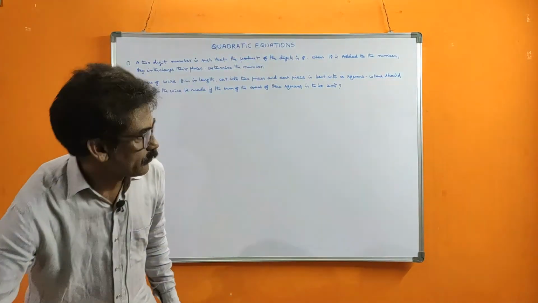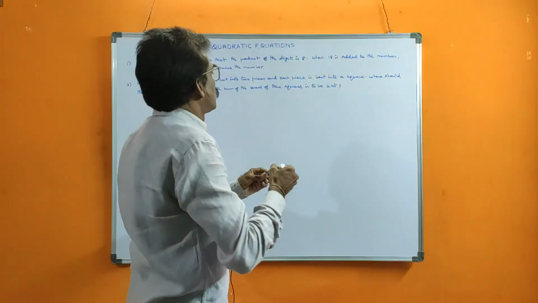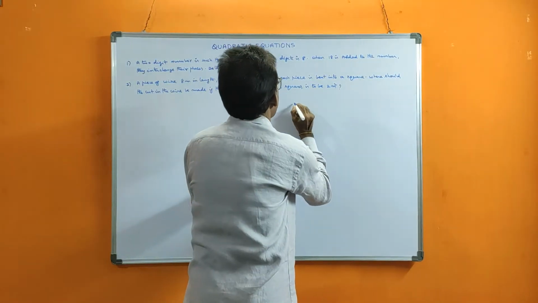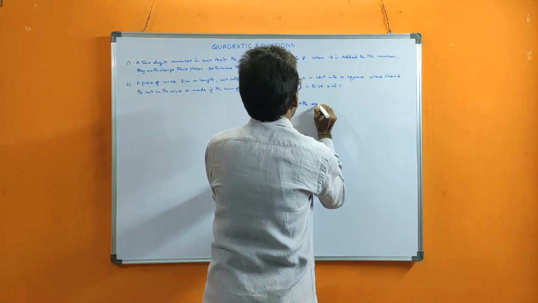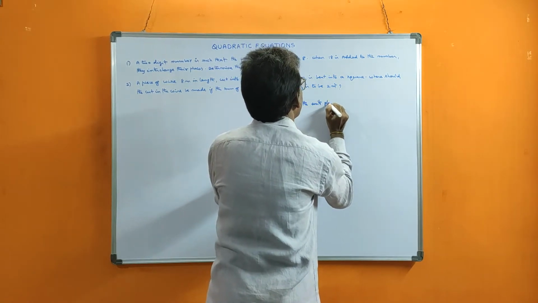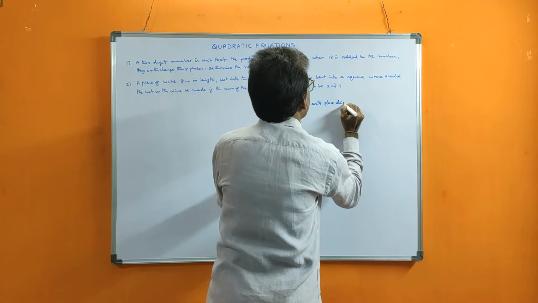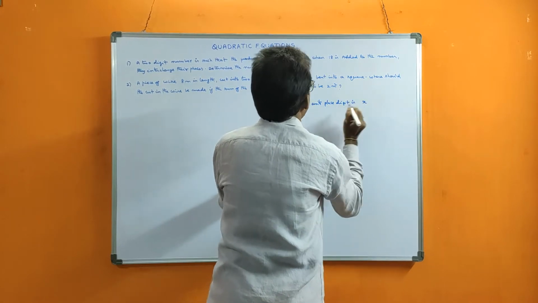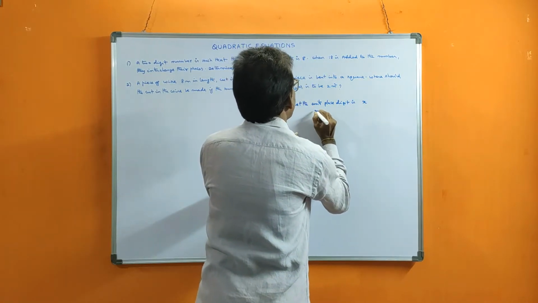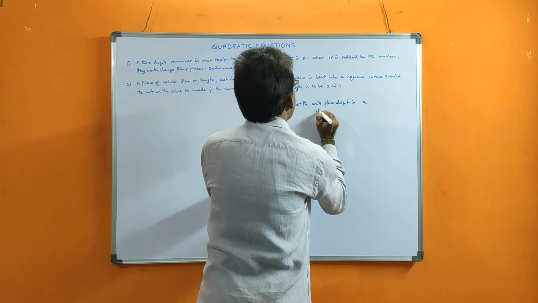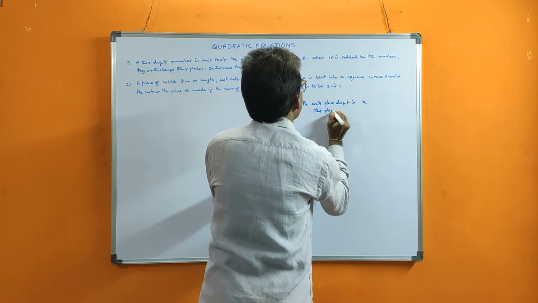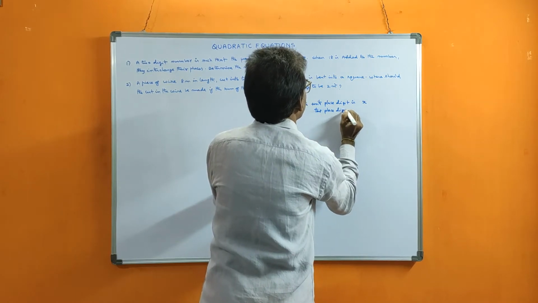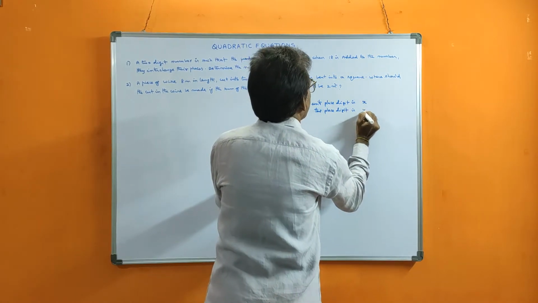Now, let the units place digit be x, and the tens place digit be y.